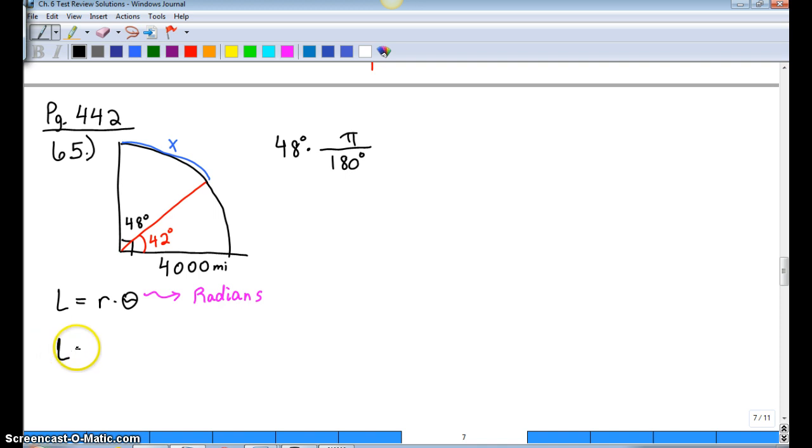So our arc length is the radius of the Earth, 4,000 miles, times 48 pi over 180. And in your calculator you should get somewhere around 3,490.66 miles.